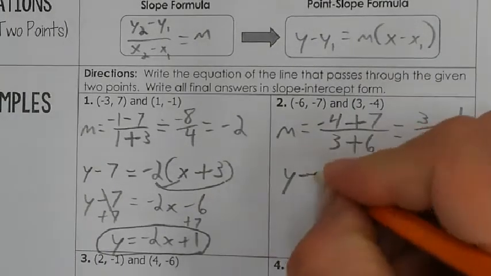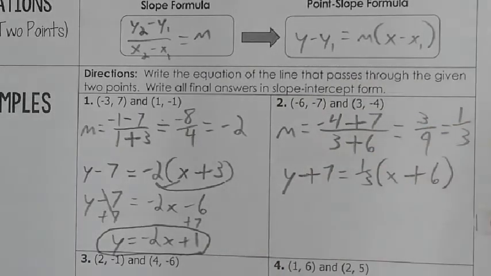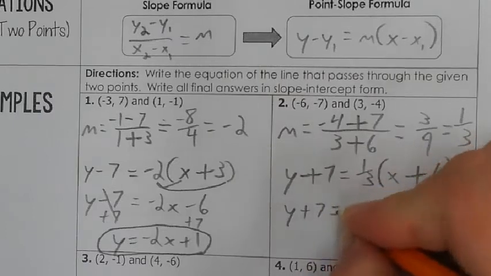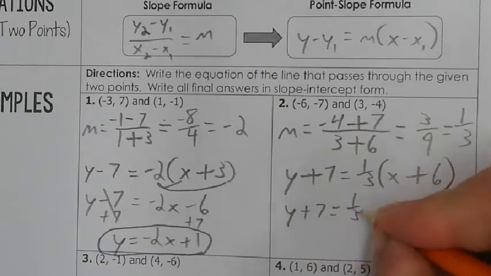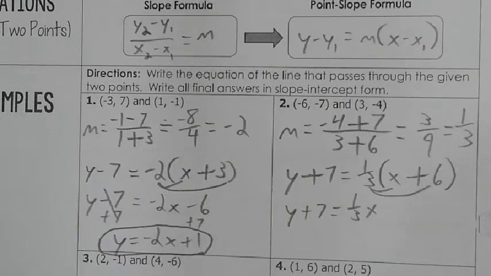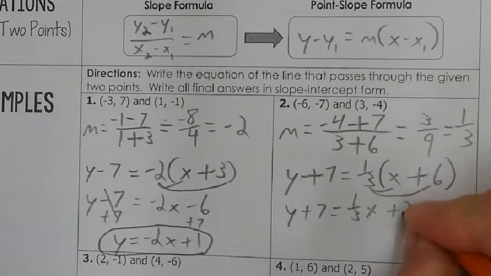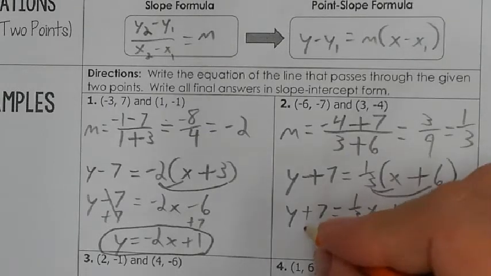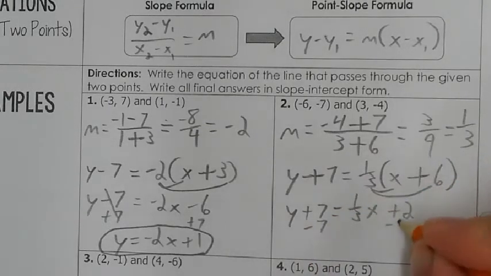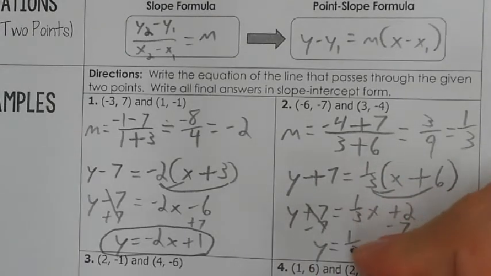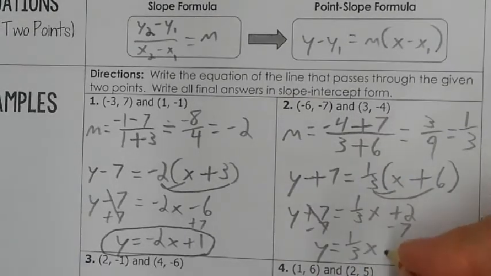Change them to plus. So that would give you y plus 7 equals 1/3 x, and then 1/3 of 6. What's 1/3 of 6? That's 2. Then you subtract 7 on both sides, and you get y equals 1/3 x, 2 minus 7 is negative 5.